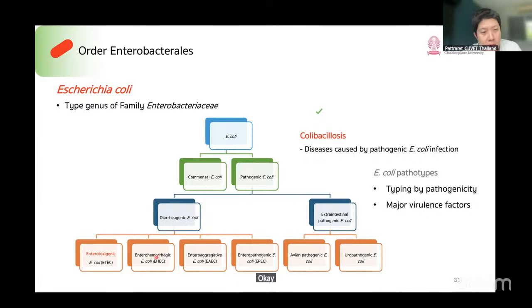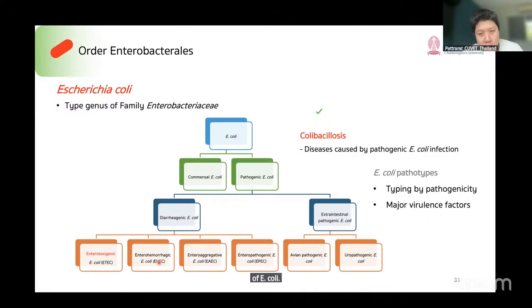And next is enterohemorrhagic E. coli, or EHEC. EHEC has a different toxin that causes a different disease. This is a pathotype of E. coli.